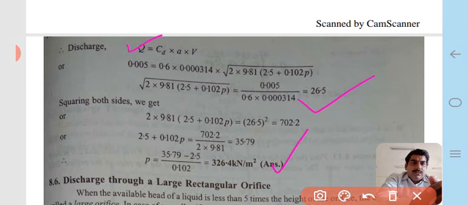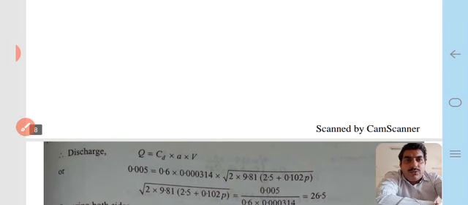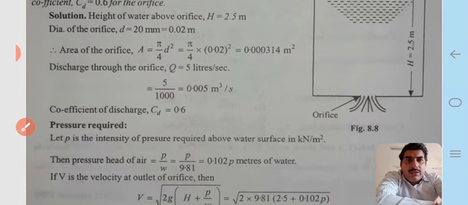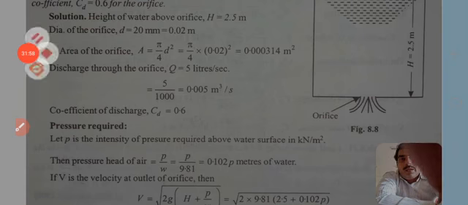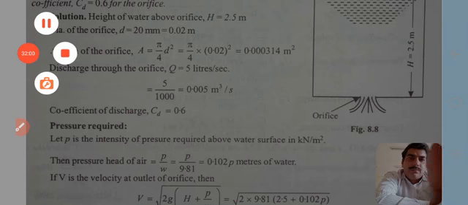That is, 326.4 kilonewton per meter square pressure is required at the orifice to maintain the discharge of 5 liters per second through the orifice meter. Okay.